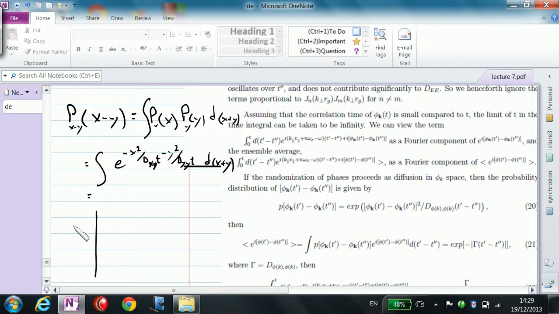If you write x minus y as z here, then you write e to the minus x squared, and here z minus x squared over dyyt. This should be integrated over x.